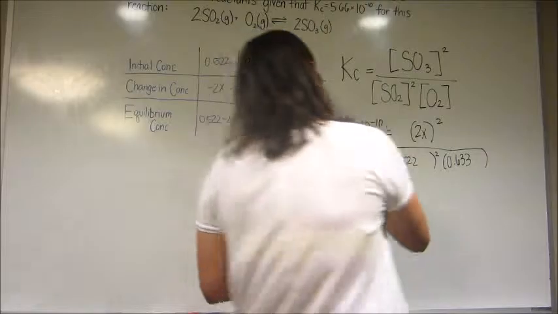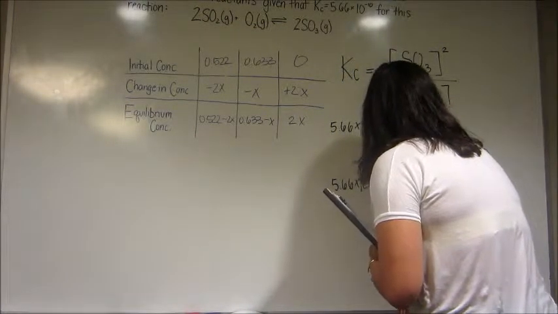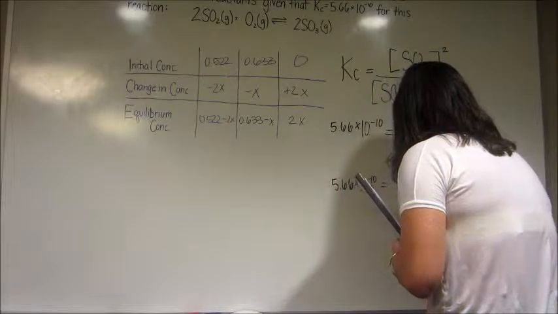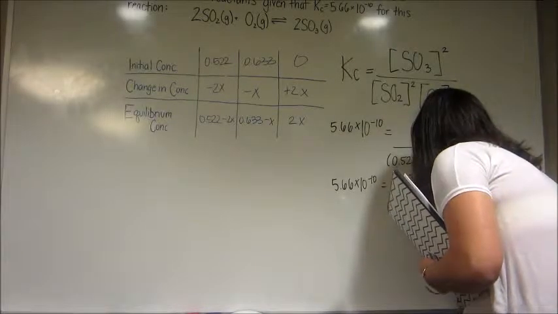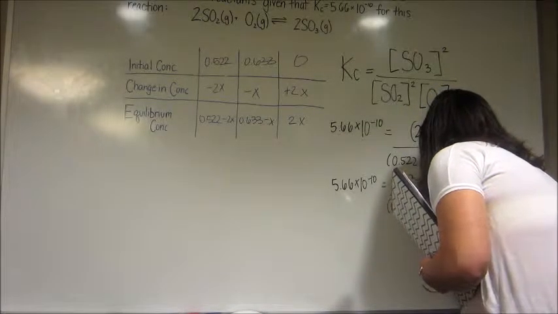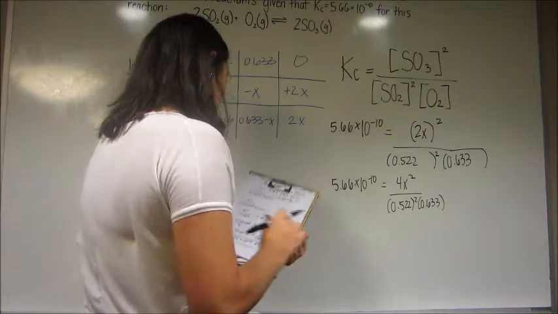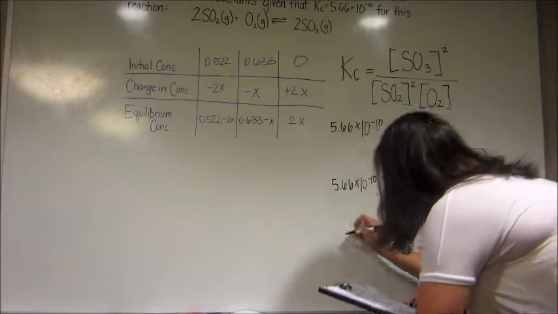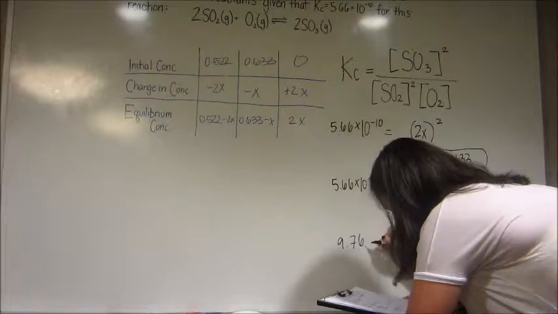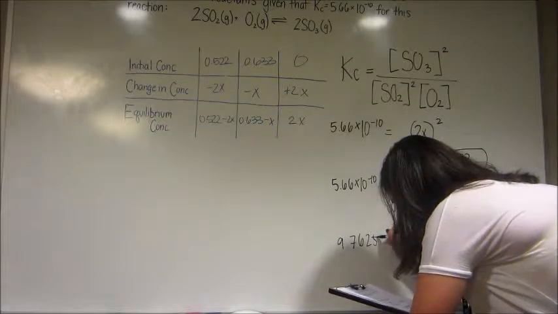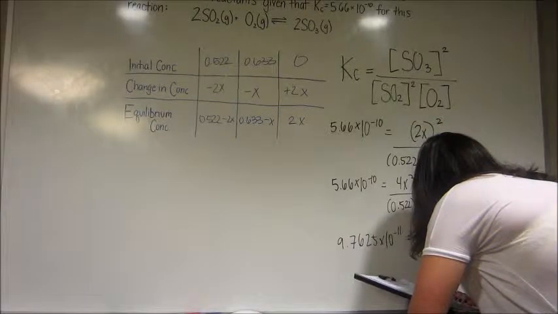So now we can do 5.66 times 10 to the negative 10 equals 4x squared over 0.522 squared times 0.633. And then when we cross multiply this and solve it out, we get 9.7625 times 10 to the negative 11 equals 4x squared.